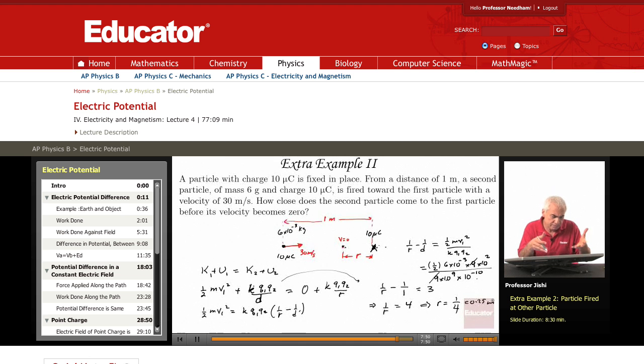Clearly I adjusted the numbers to get a nice number. So just 1/4. So they are 1 meter apart, and it stops. Its velocity becomes 0 when it's exactly 1/4 of a meter apart.